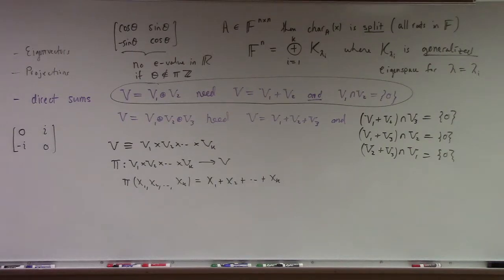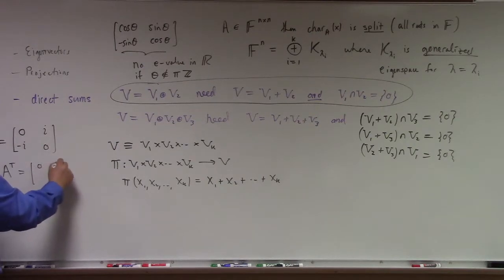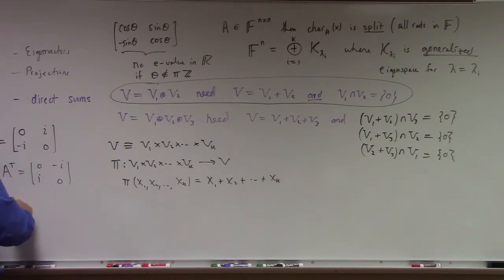I'm not sure, actually. If we take A transpose, what do we get? We take A conjugate transpose, what do we get? Oops. So my example is not skew Hermitian.